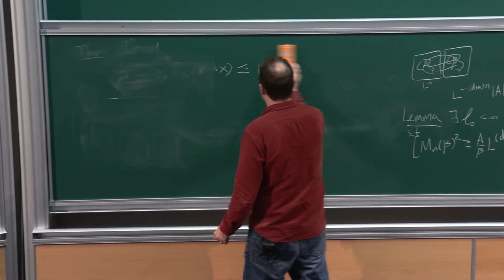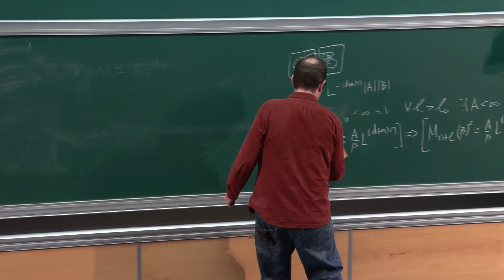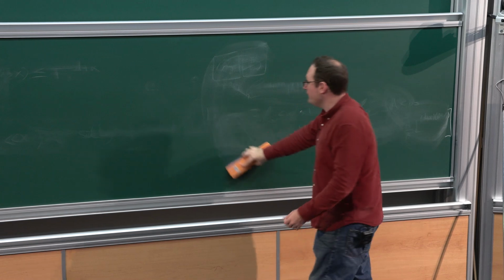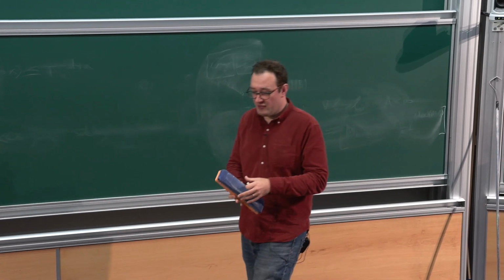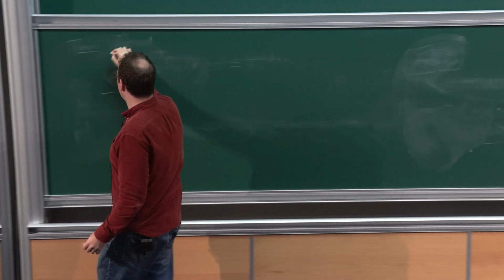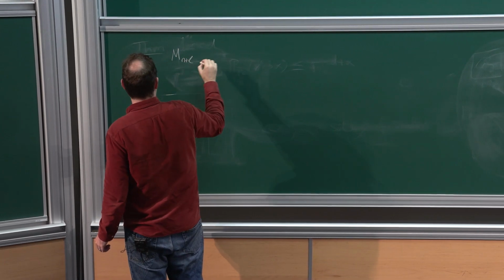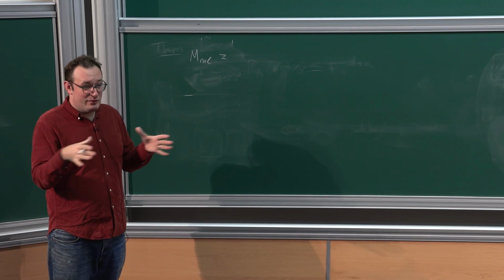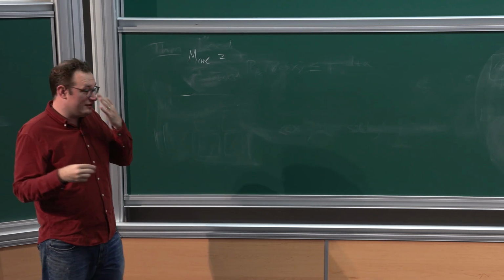So what we get is that under this assumption that Mn was large with a large constant A, we get that Mn plus L is at least the size of all these clusters that we merged together. So what was that?